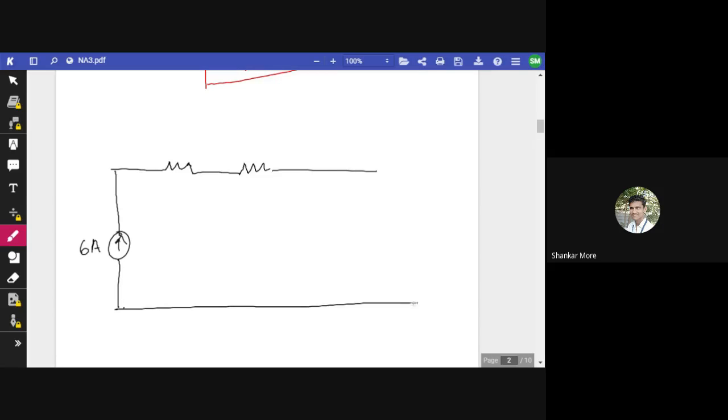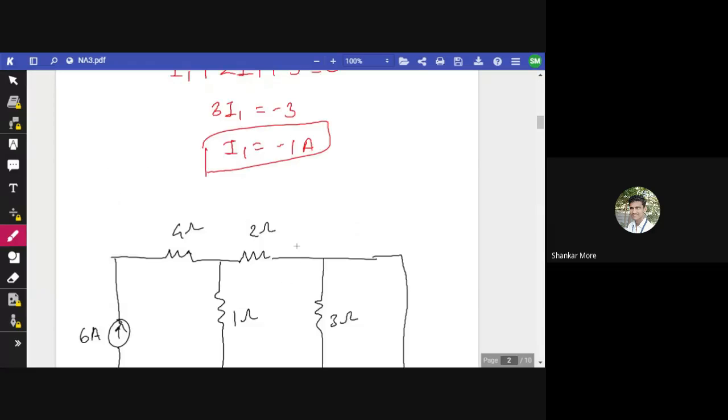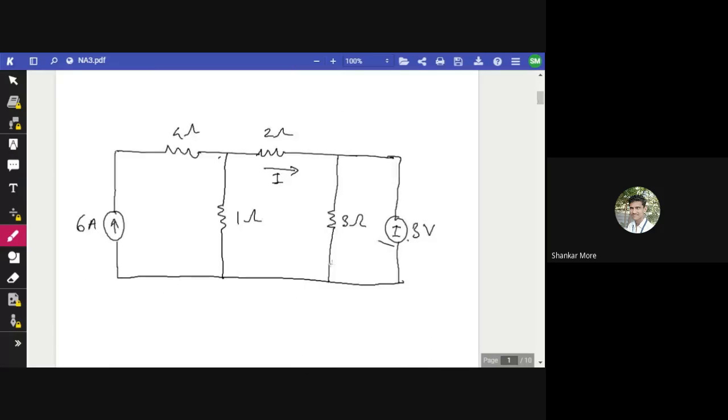And remaining circuit will be as it is. 1 ohm resistance will be between these two resistances. 3 ohm resistance will be here, and here will be short circuit, guys, right? And here we have 2 ohm, here we have 4 ohm. So circuit is similar. What I have done, I have just short circuited this voltage source, right or wrong? And I have kept this source.